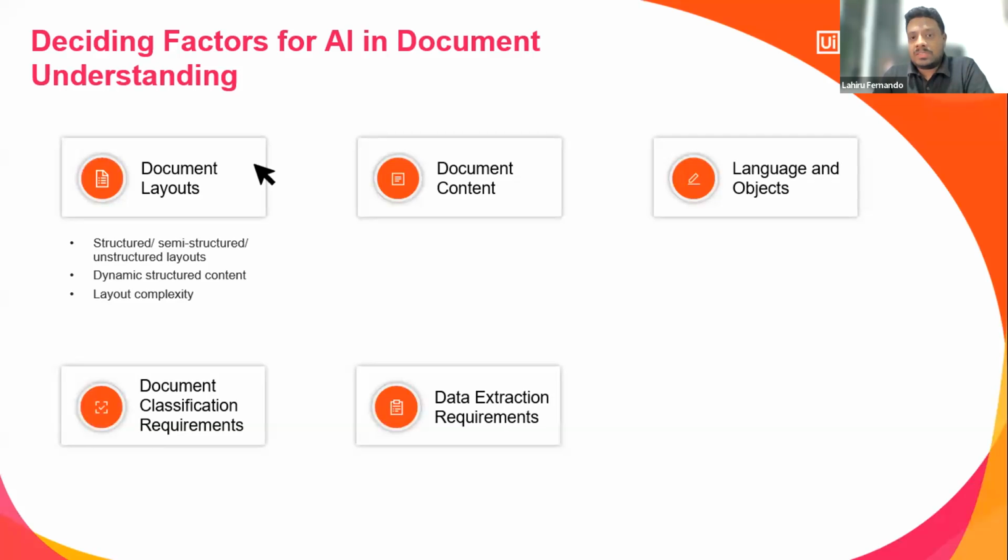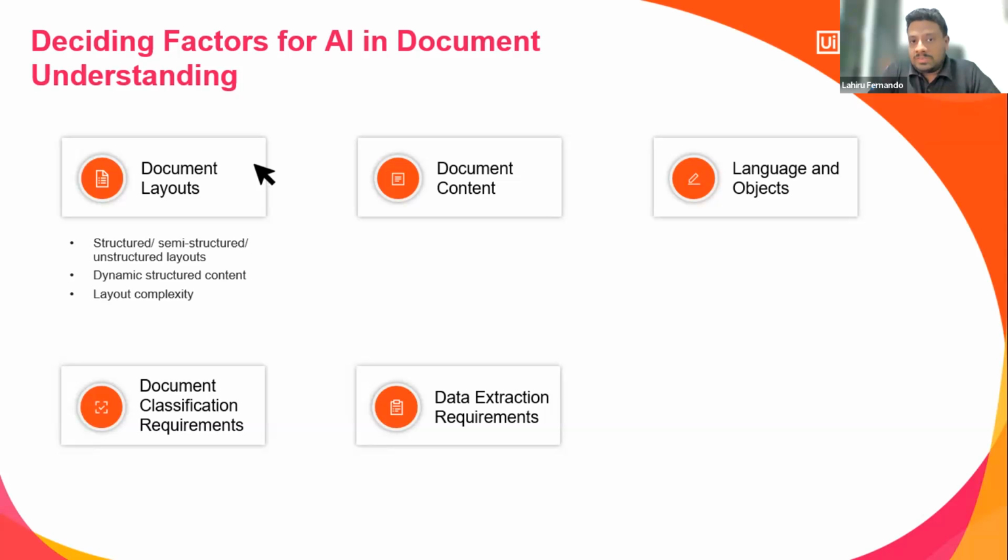So in those cases, we need a little bit of intelligence to find what we need and extract that information. In such cases, we need to use an AI model that understands invoices and try to extract that information.